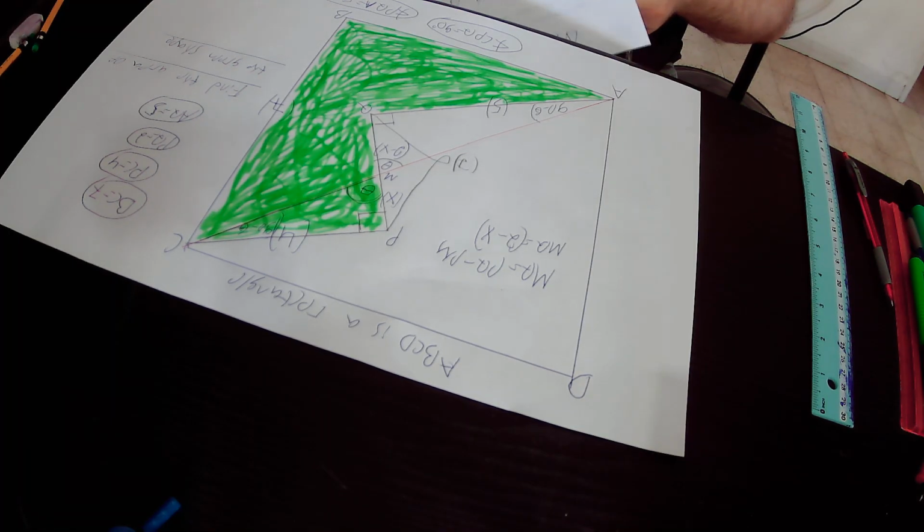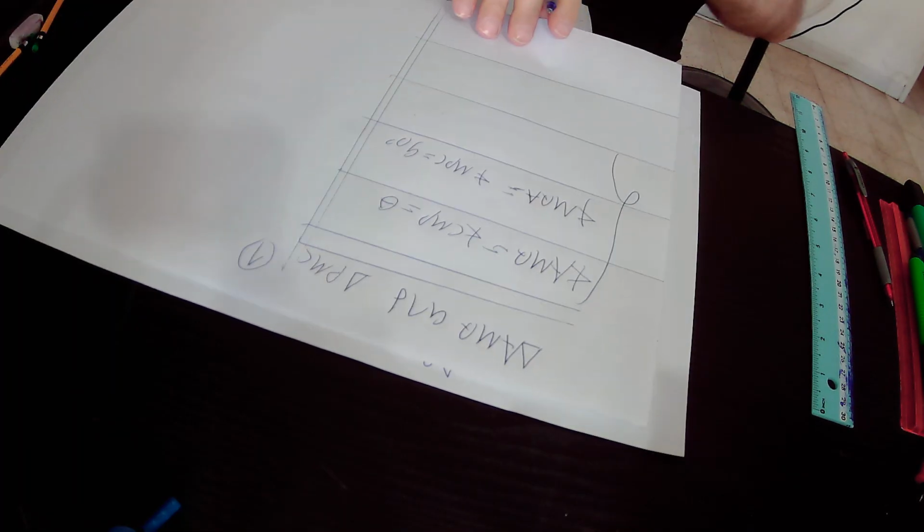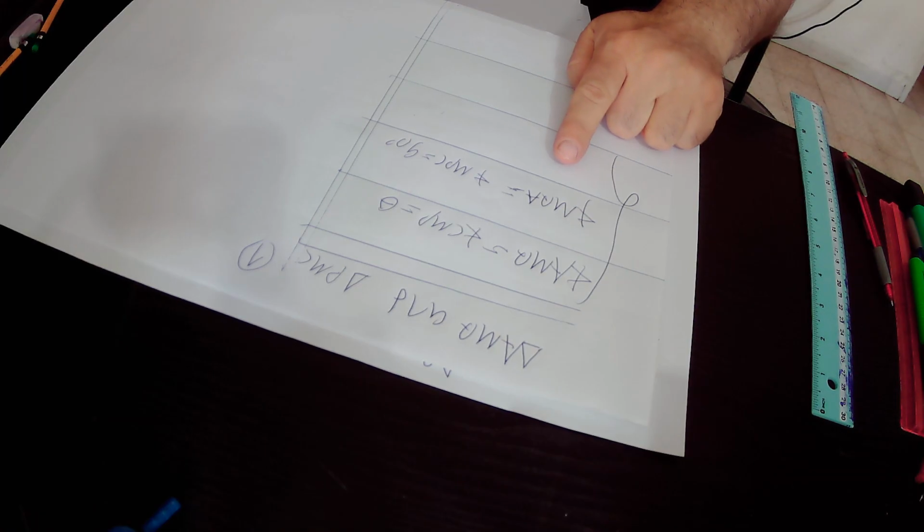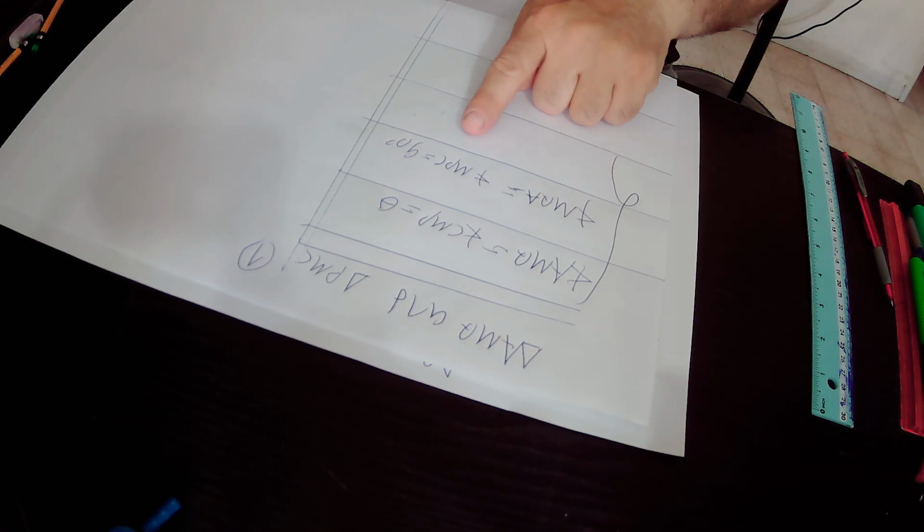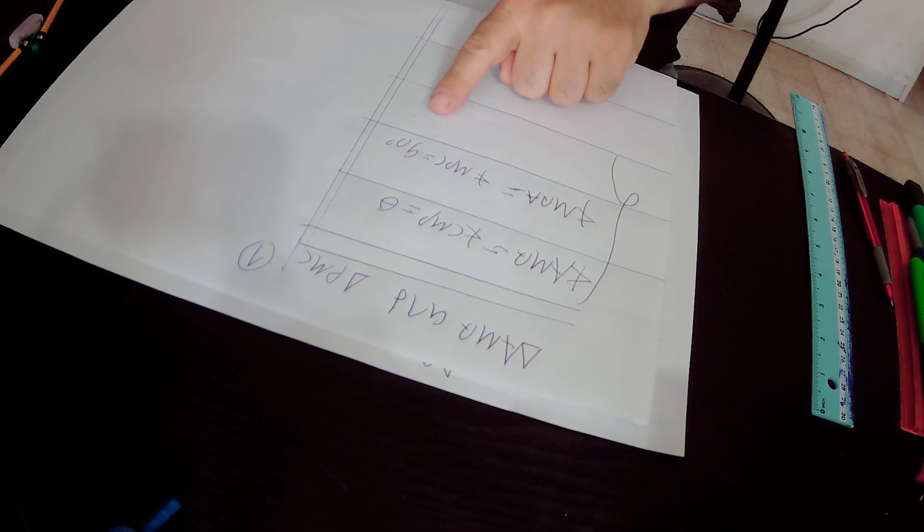Angle MQA in the right triangle AMQ equals angle MPC in the right triangle PMC. They are both equal to 90 degrees, therefore they are equal to each other.